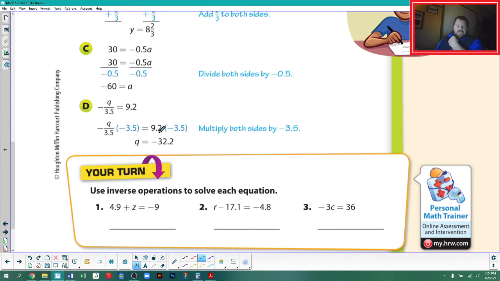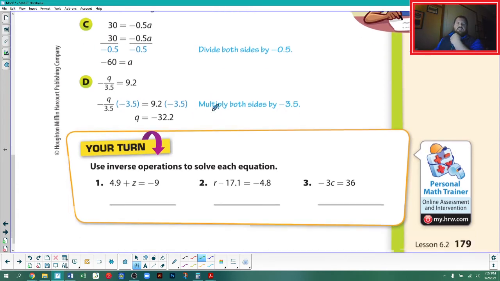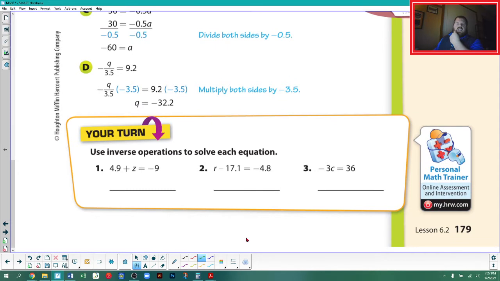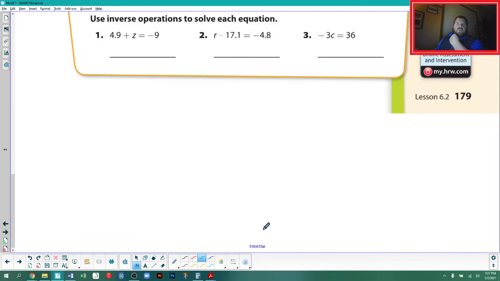In fact, I never use it as part of the denominator. But this one's a little bit tricky, because if all I do is multiply by 3.5 on both sides, I would have negative q equals something. I don't want to know what negative q is. I would want to know what positive q is. So they throw that negative into that 3.5 and multiply by that. Okay, let's look at doing this for ourselves.